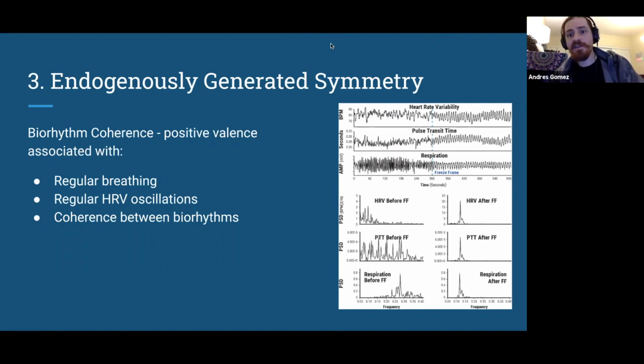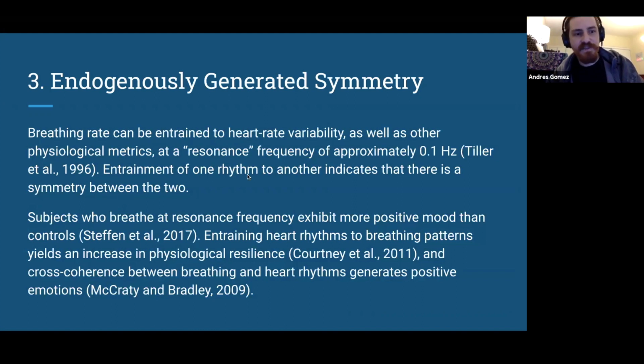Meditation entrains these biorhythms and makes them interlock with one another, and that is reported as giving rise to positive mood, which is an interesting finding and very consistent with STV. Here are just some quotes.